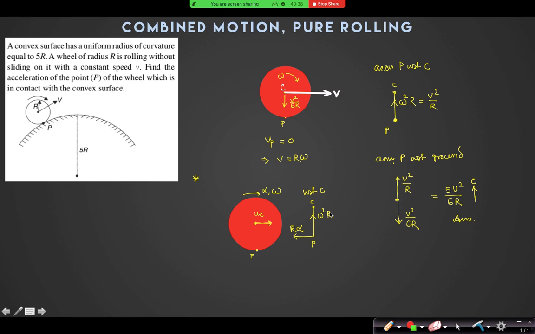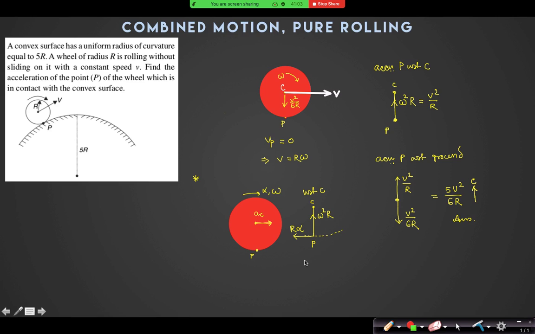If you are taking omega square R, why are you not taking R alpha? That is my question. P is rotating in a circle with respect to C of radius R. It has omega and alpha. So what should be the two accelerations of the point P with respect to C? It's omega square R and R alpha with respect to C.